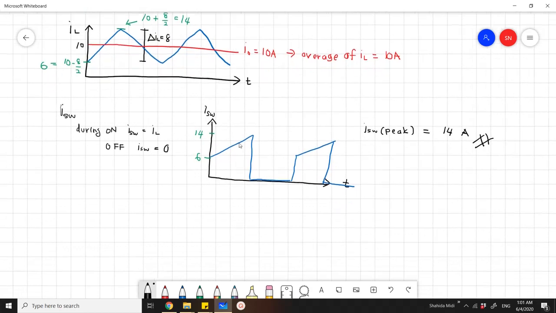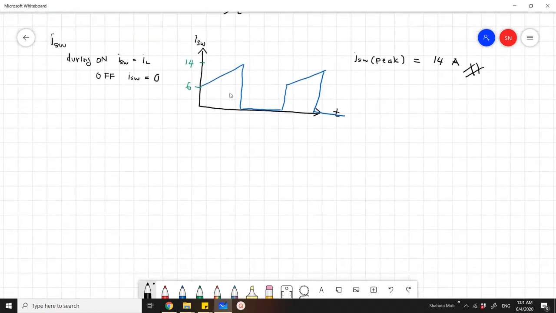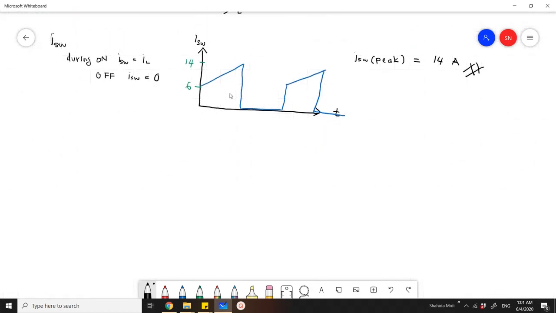Okay, next we'll move on to finding the next value, which is the value of L, the inductance. As in the previous example, for this one we are going to need this equation here.